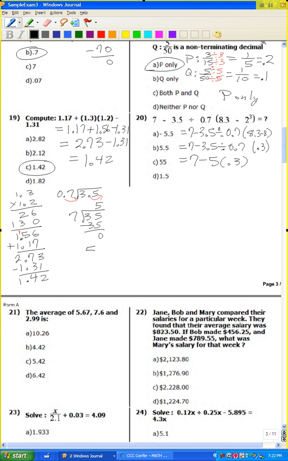Well, 5 times 0.3 is 1.5. 7 minus 1.5 is, well, let me borrow. 10 minus 5 is 5. 6 minus 1 is 5. So 5.5. B.